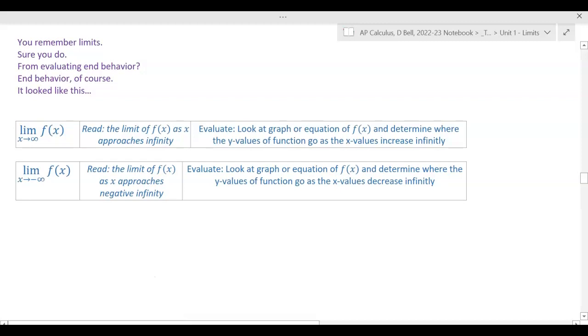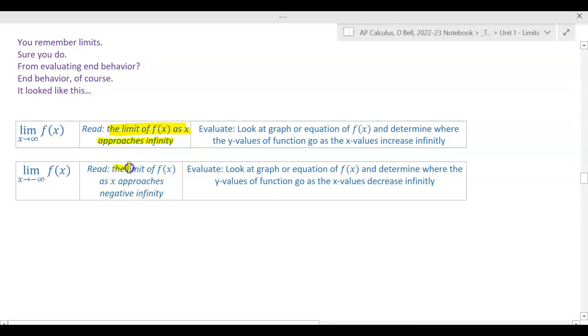So here we have the limit of f of x as x approaches infinity. We should know this as end behavior. So we look at a graph or an equation of f of x and determine where the y values of a function go as the x values increase infinitely.